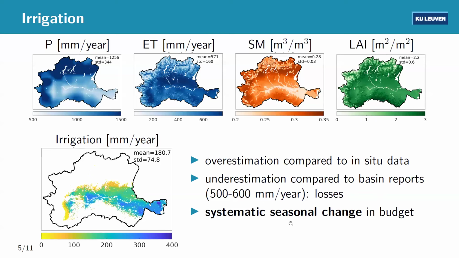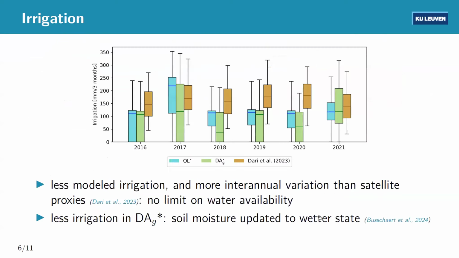Okay, so irrigation changes the seasonal water budget. This is that evaluation that I was referring to. In brown, you have proxies of irrigation based on satellite data, whereas in blue is our open loop, and in green is the backscatter data assimilation run. And you see that our simulations are always less than those of the satellite proxy, right?